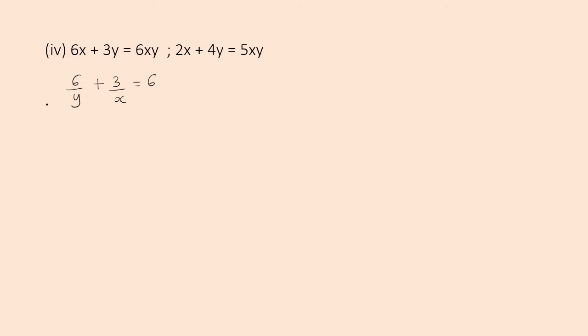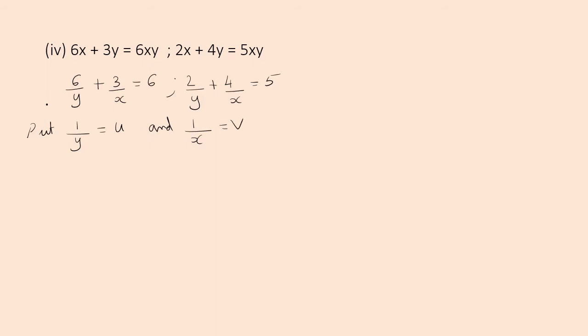And same way the next equation becomes 2x upon xy. So 2 upon y plus 4y upon xy, that is 4 upon x equal to 5. Now you have to put 1 upon y equal to u and 1 upon x equal to v.